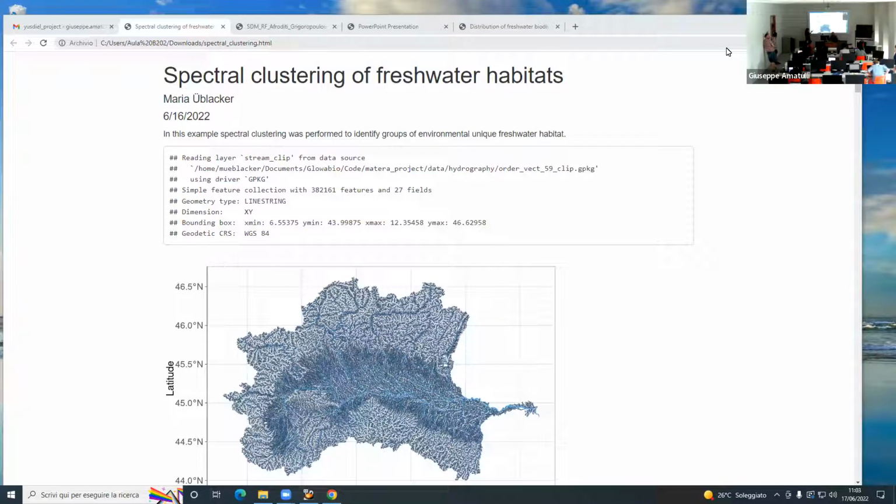It's not a really large basin. In comparison, the Danube River basin, I think, has over 4 million stream reaches.